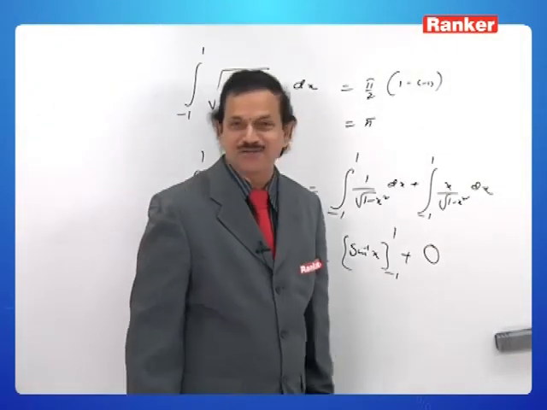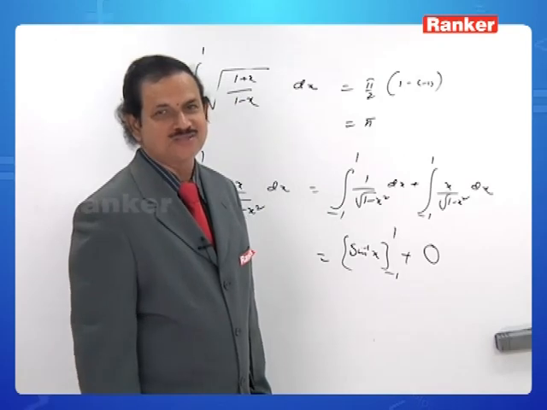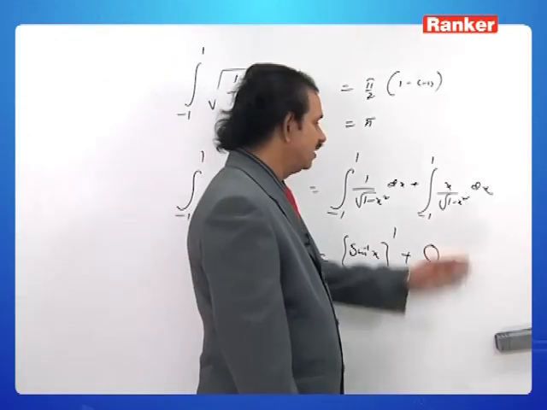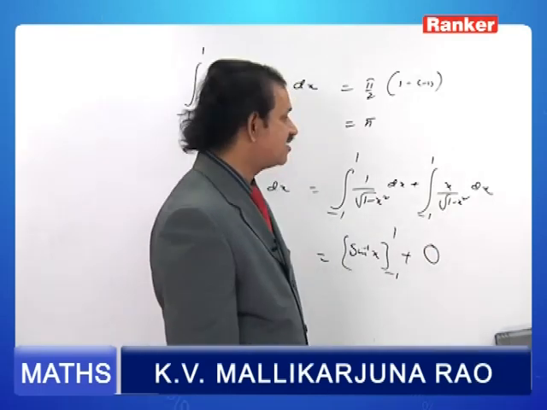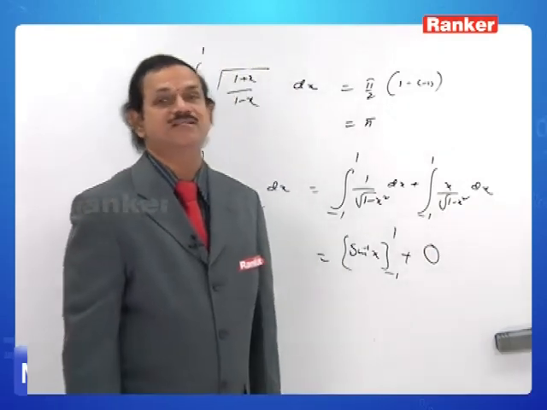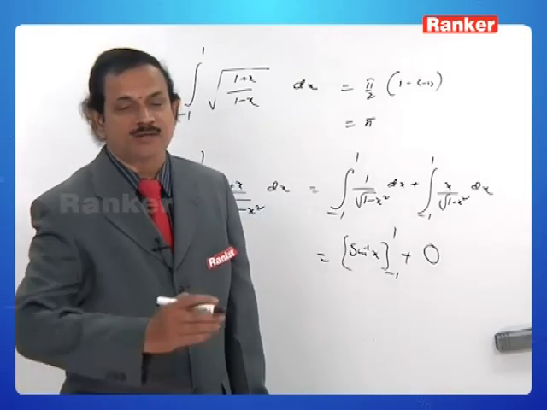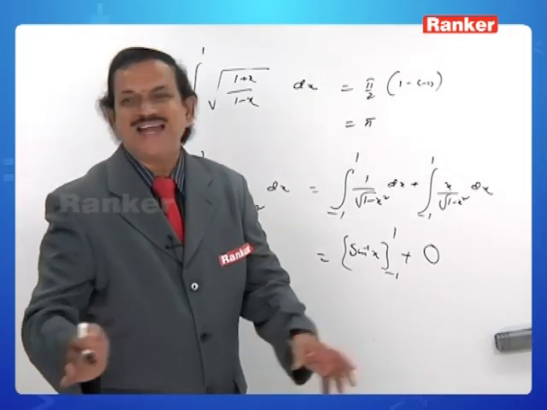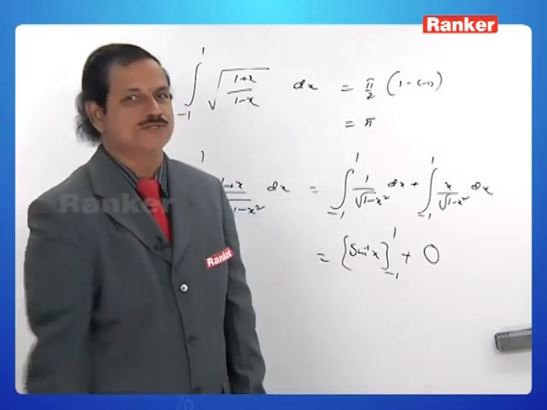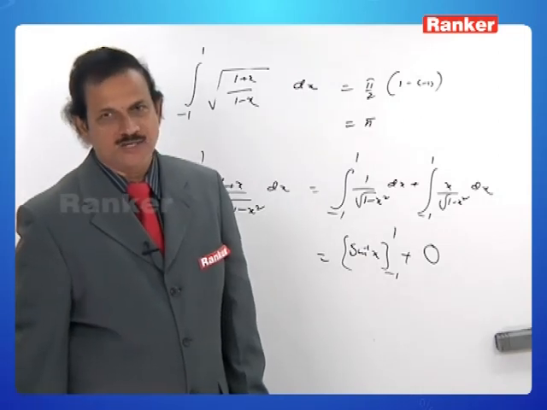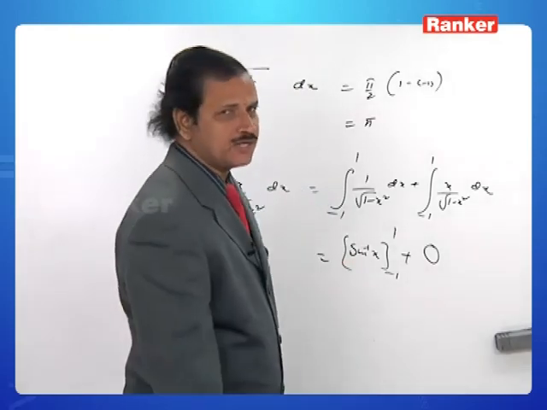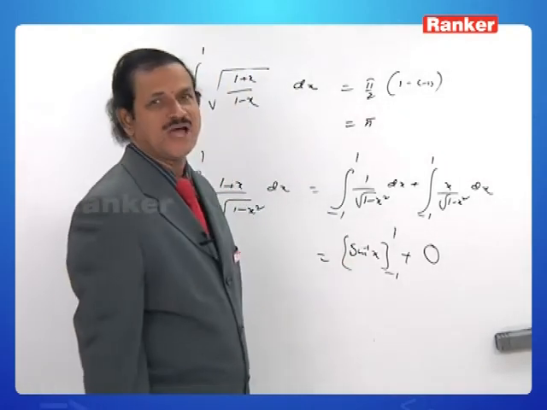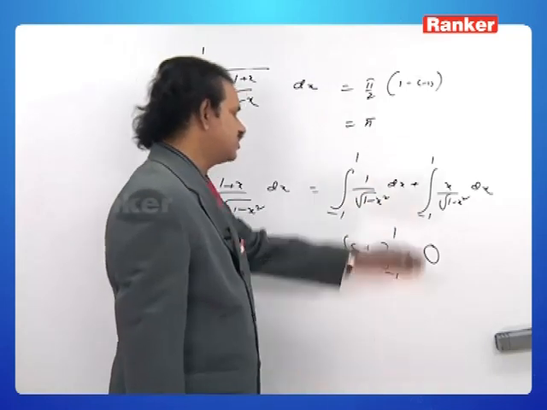Come on, imagine. It is 0 because this is totally an odd function. The denominator is an even function, the numerator is an odd function, so the quotient is an odd function, and the integral from minus a to a of f of x dx vanishes when f of x is an odd function, isn't it? Therefore, that is 0.